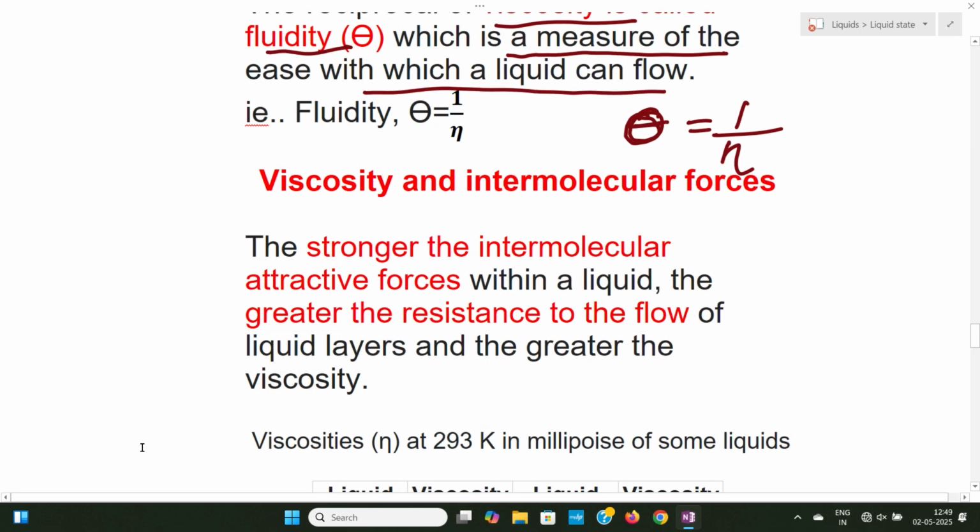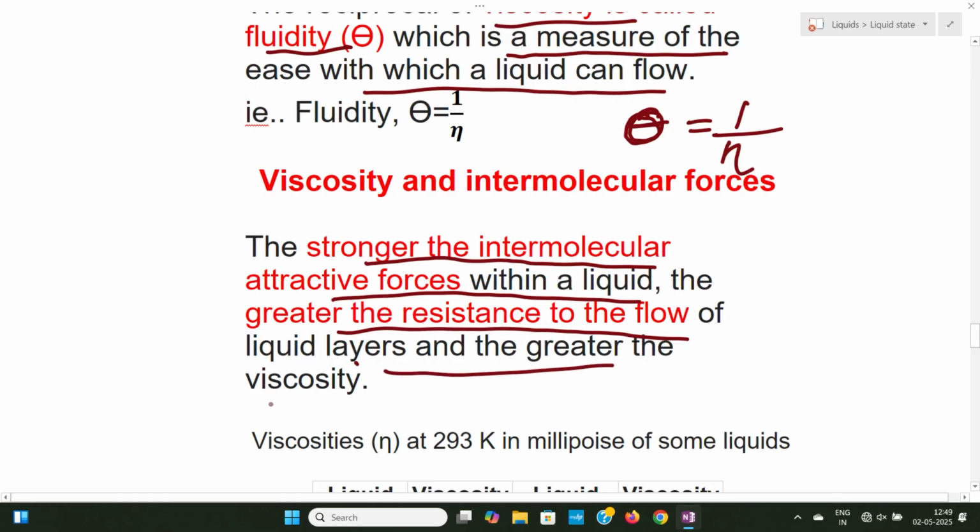If the resistance is greater, automatically the viscosity will be more. That is, the stronger the intermolecular attractive forces within a liquid, the greater the resistance to the flow of liquid layers and the greater the viscosity, and vice versa.